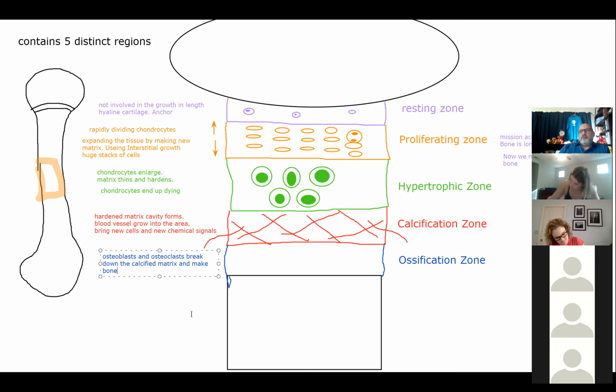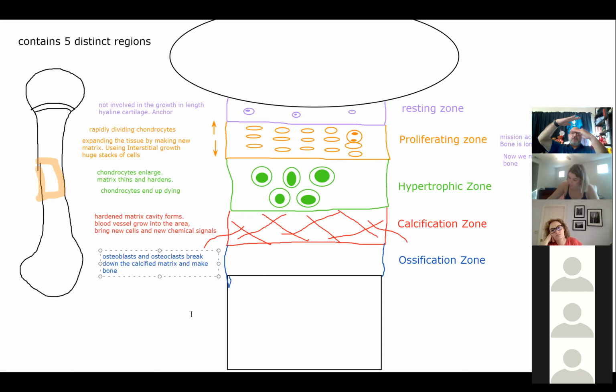And in that way, if you think about it, you have this epiphyseal plate. All right, so let's say it looks like this. We have this epiphyseal plate, this big. And then what happens is in the proliferating zone, we expand the matrix and make it larger. But then down here at the bottom, we convert some of that into bone.